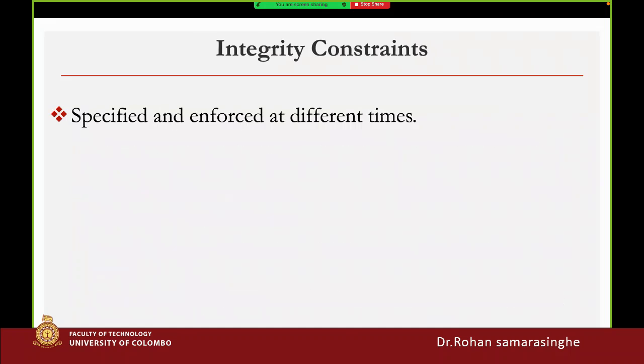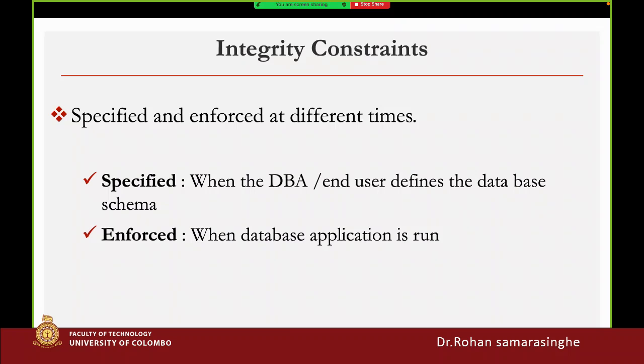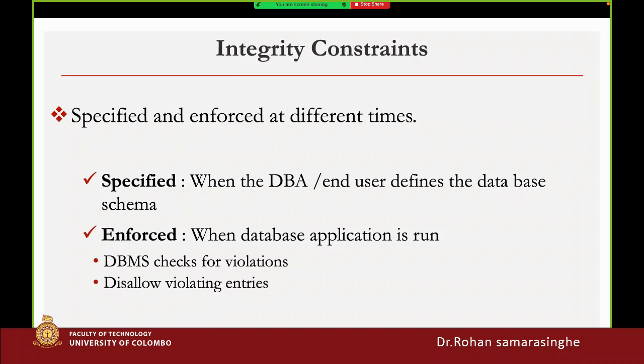An integrity constraint is specified and enforced at different times. Specified means when the database administrator or the end user defines the database schema, and enforced means when the database application is run. The DBMS checks for violations and disallows the violating entries.